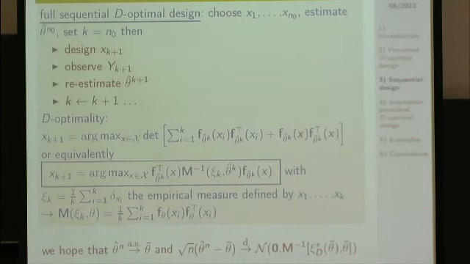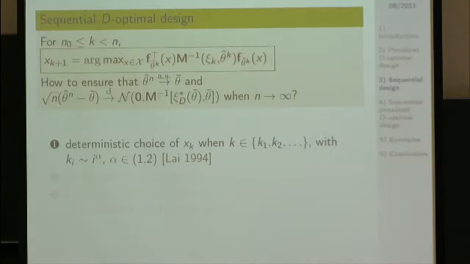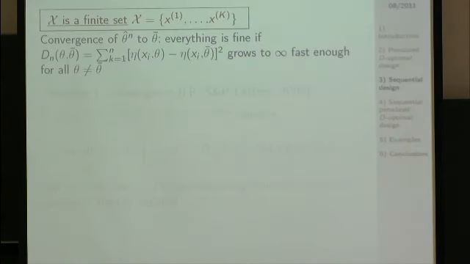These types of things are difficult to prove, but in clinical trials we are in a rather favorable situation, because the number of doses is finite, so the design space is finite. And if the design space is finite, necessarily you will observe infinitely often at some doses. This helps very much to prove all the properties.